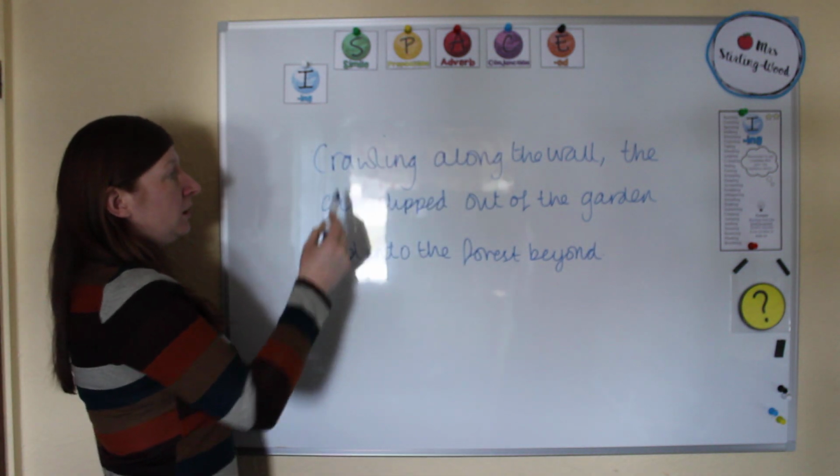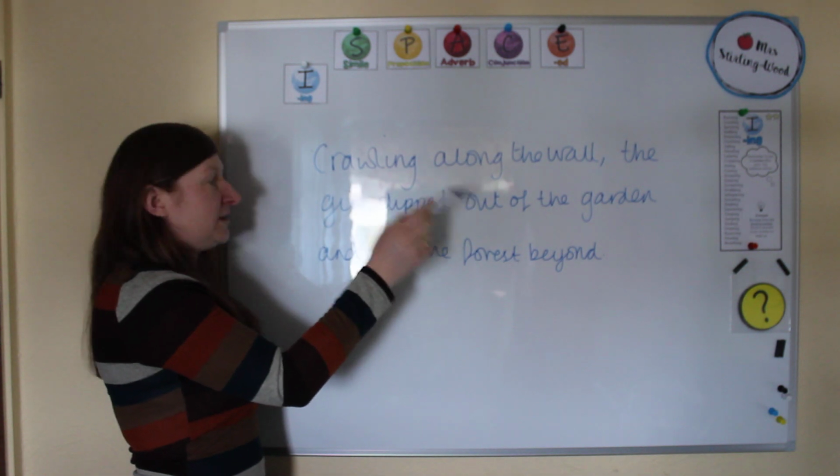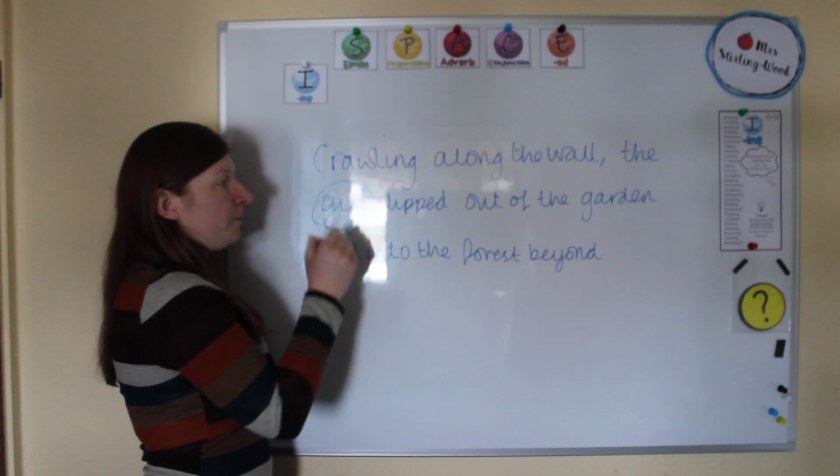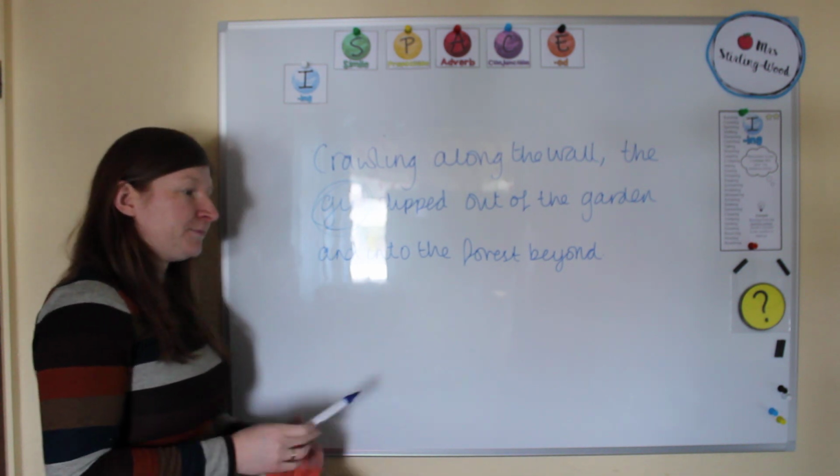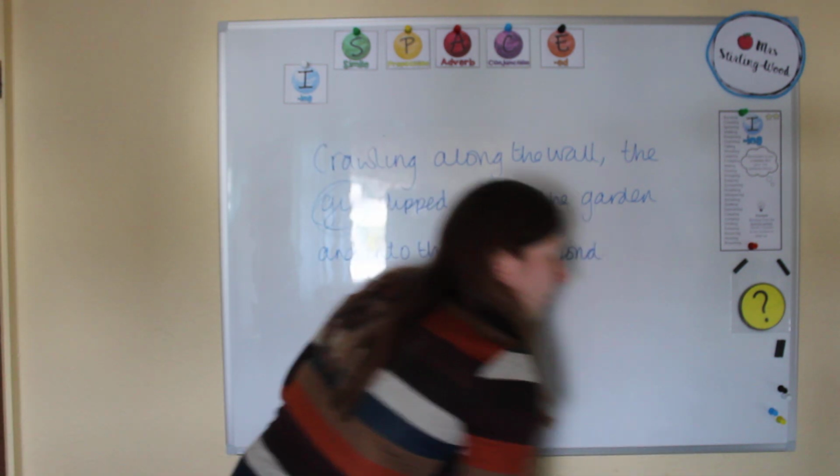I already know that the person who's crawling along the wall is going to be the same person, this girl, who is slipping out of the garden, because we have to have the same subject for both of them. Okay? Let's have a look at another one.